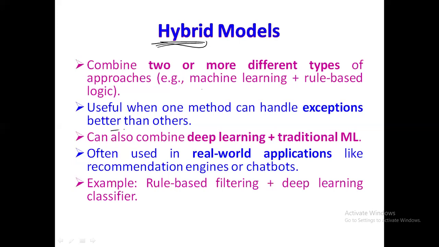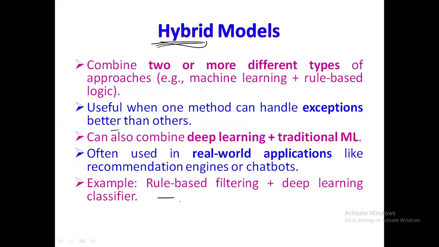Hybrid systems may also integrate deep learning with traditional machine learning techniques. These models are widely used in real world applications like chatbots, recommendation systems, and fraud detection, where combining knowledge-based rules with data driven insights leads to more effective outcomes.